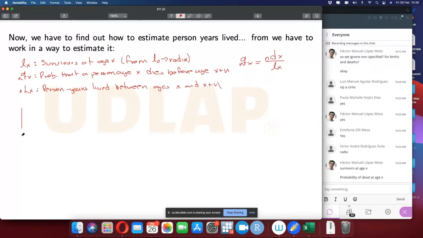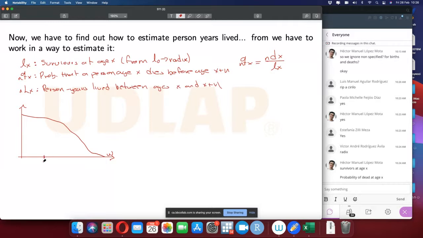Okay. So we're going to plot our survival function. Remember that this is a non-increasing function. Last age is omega.